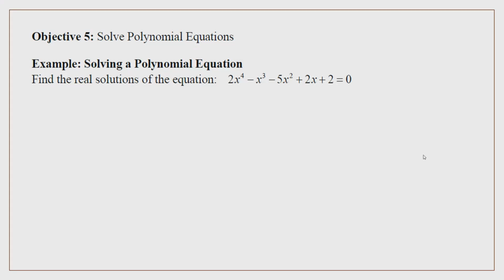Now, the real solutions of this equation are going to be the real zeros of the function f of x equals 2x to the fourth minus x cubed minus 5x squared plus 2x plus 2. So if we can find the real zeros of this function, then we've found the real solutions to the equation.